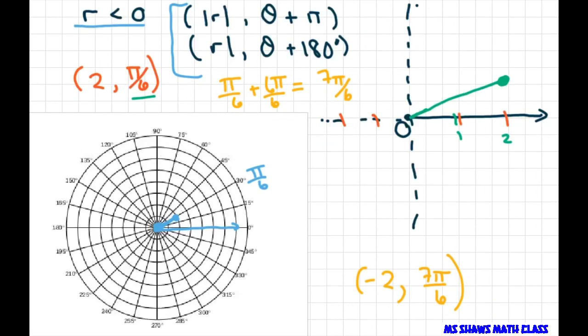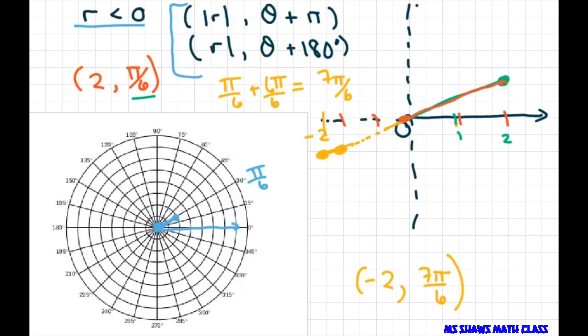So you go to 7 pi over 6, which is right about here. And if we go out 2, that would be here. And I didn't do my units good, so let's make it go out a little more. So this would be negative 2. But we're going out 2. But so to go back to make the same one, you just go in the opposite direction and go up to 2.